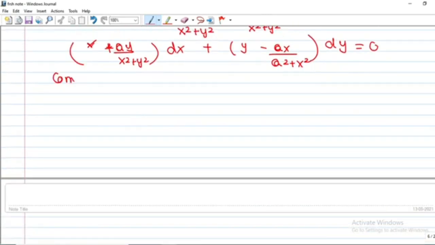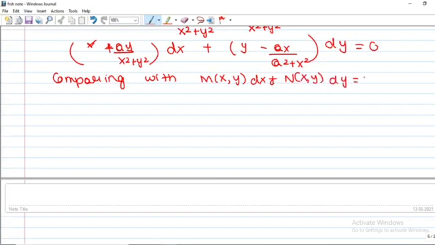So comparing with this, we get M of x comma y.